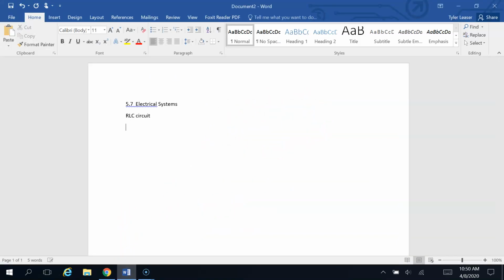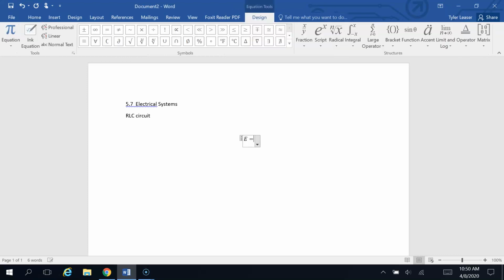So let's look at the differential equation that would come out of this. Before we jump into that, there are some numbers that I want to throw in. We're going to start our battery outputting 100 sine t as the electricity going through the system. We're going to have our resistor be 0.02. Remember, this is in ohms. We're going to have our inductor be 0.001. This is in henries.